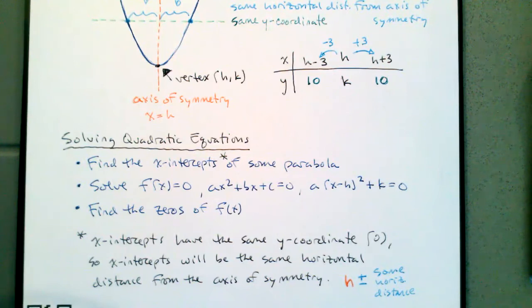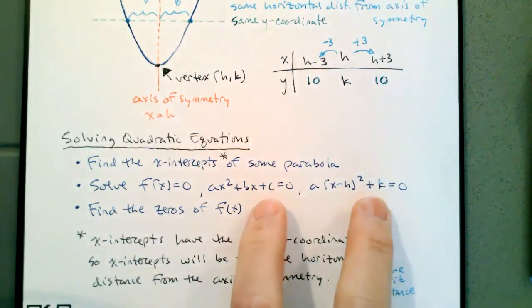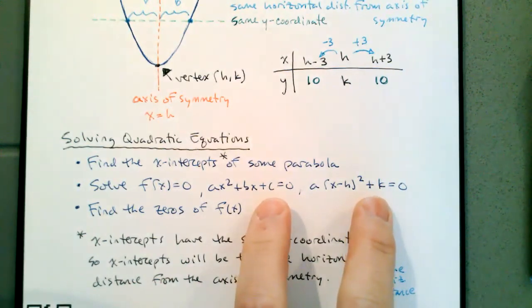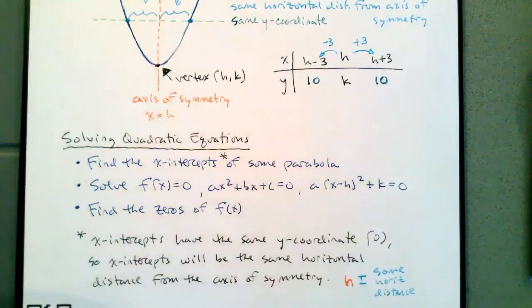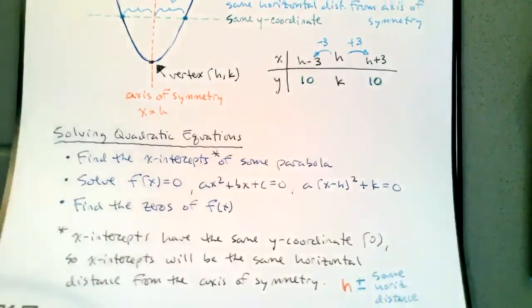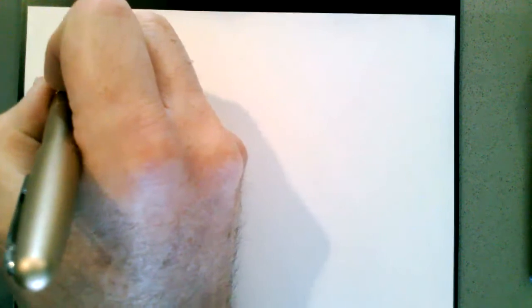So rather than just trying to memorize the quadratic formula, let's look at how these two equations are supposed to say the same thing. And let's play with this for a little bit. So let's consider the vertex form.